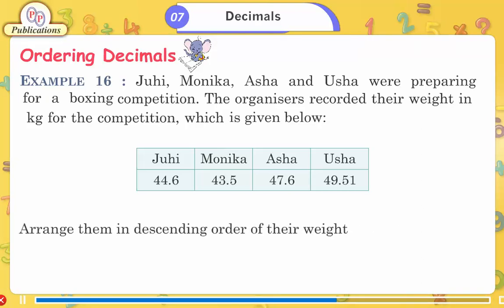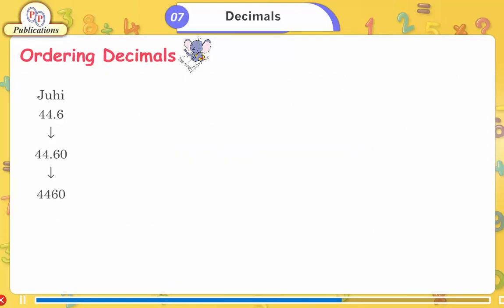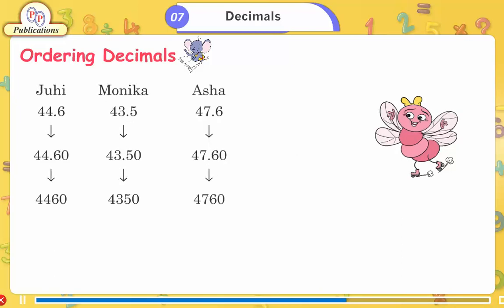Arrange them in descending order of their weight. Juhi, Monica, Asha, Usha: 44.6, 43.5, 47.6, 49.51 become 44.60, 43.50, 47.60, 49.51.